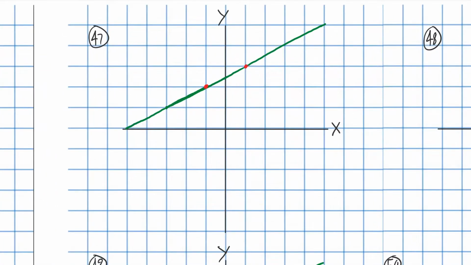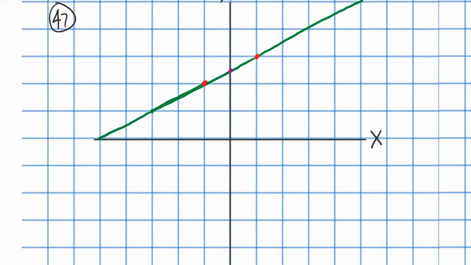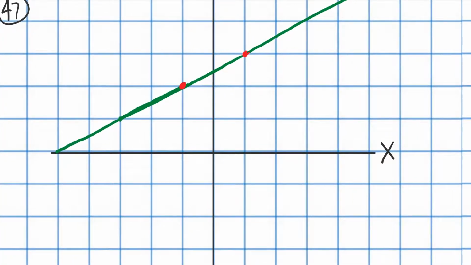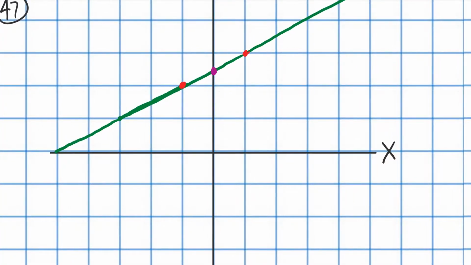Because look at this. The y-intercept is not at a corner, so we don't really know for sure what that coordinate would be. Now I know what you're going to say. You're going to say, this is halfway between. Well, we don't know that. It looks halfway between 2 and 3, so you would think that the y-intercept would be 2.5, and it could be, but we just don't know.